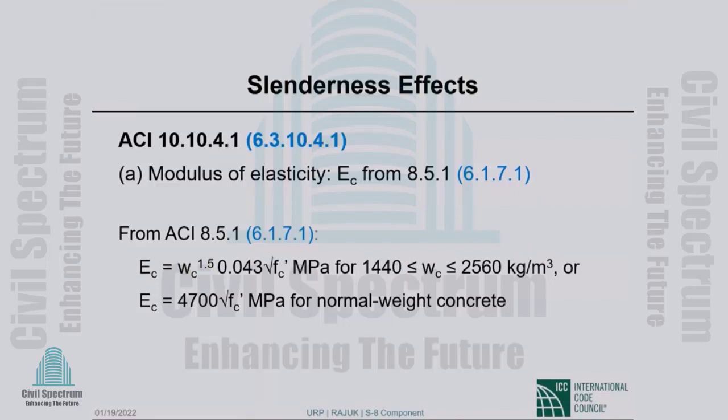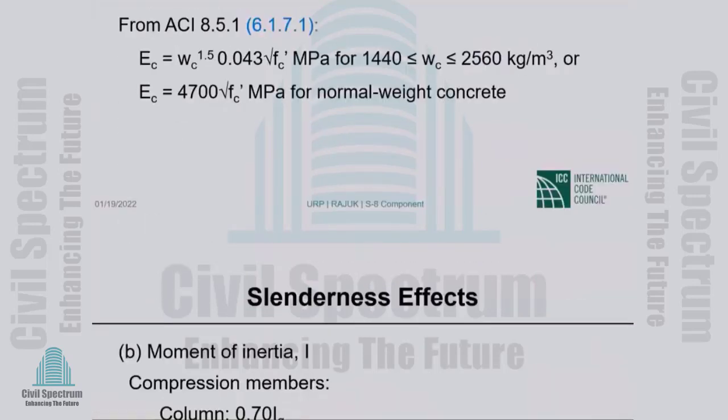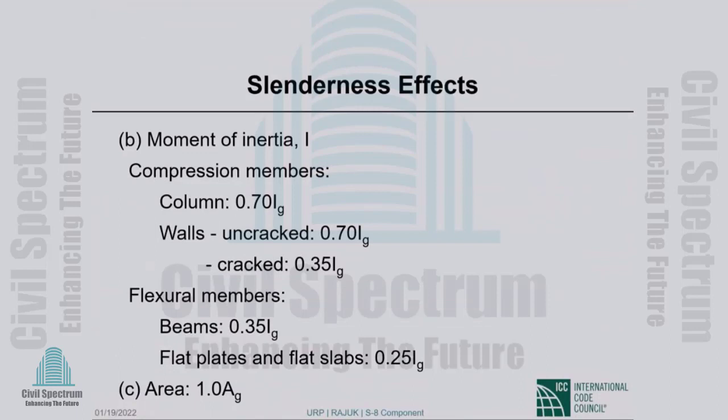Here it says between 1440 and 2560. I guess that's the range of normal weight concrete. And a simplified version of that is this 4,700 square root of f sub c prime. This is for normal weight. Okay. So anyway, E is E sub c as given in ACI 318 or BNBC 2020.